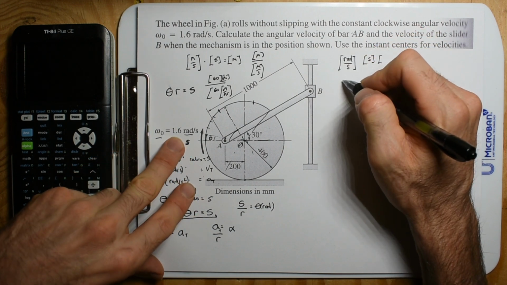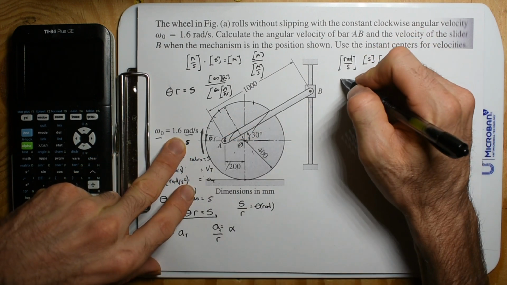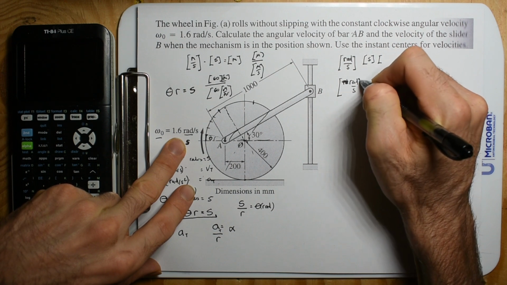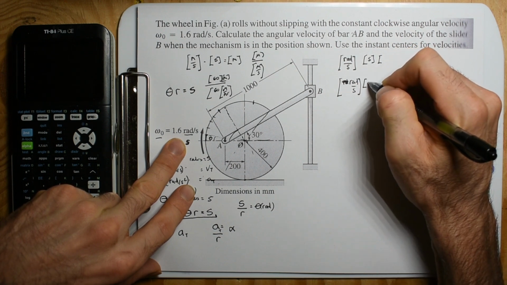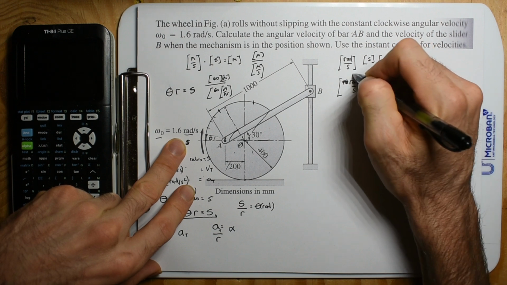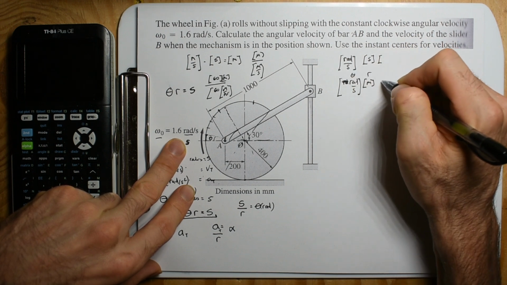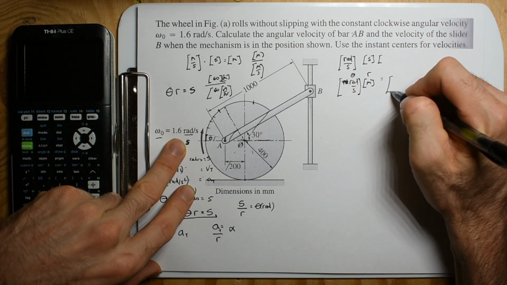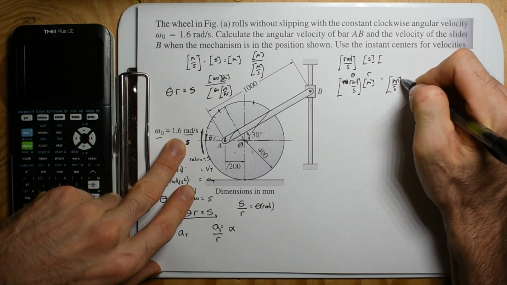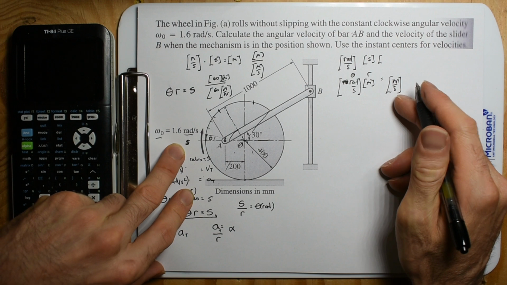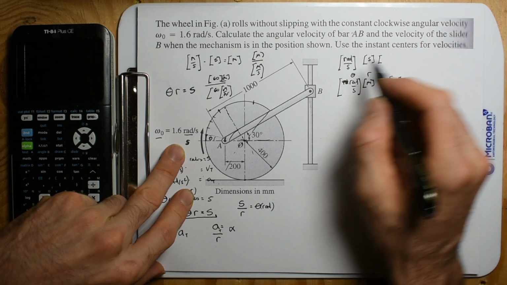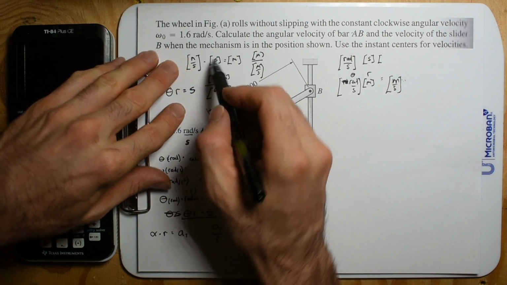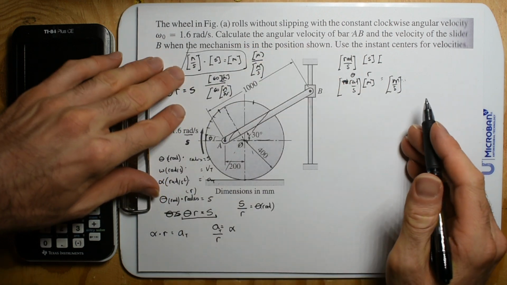So to get tangential velocity, you go radians per second times radius in meters. Radians times radius is equal to tangential velocity, so then we got meters per second. Once we have tangential velocity, we can rearrange these three terms any way we want to.